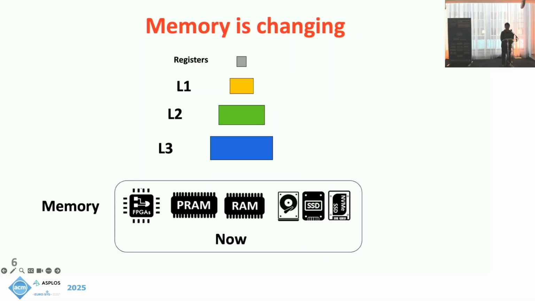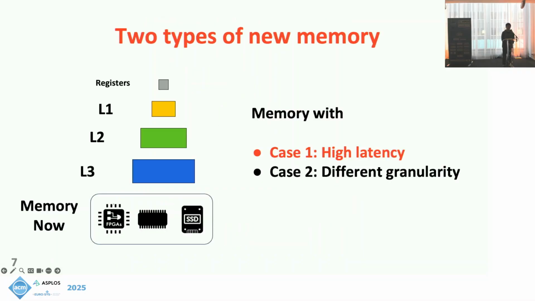Nowadays, due to the growing demand of applications, programmers and researchers are beginning to seek alternative types of memory, for example, memories that are connected to FPGA, different types of RAM, or even CXL SSDs. These memories are very different in terms of characteristics compared to the traditional DRAM. In this talk, we are going to look at two types of these memories. Let's start with the memories with high latency.